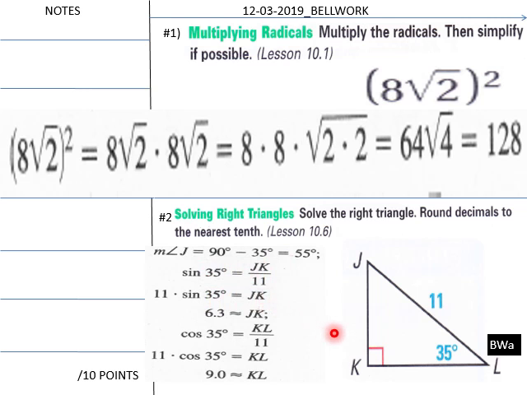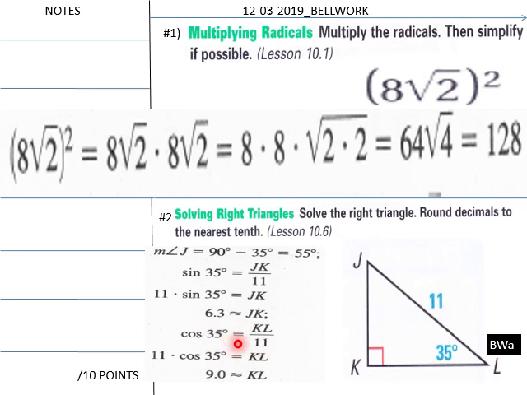And then sine 35, we're going to start with this angle here, sine 35, which is our opposite over our hypotenuse. So JK will equal 11 times sine 35, which is 6.3. So 6.3 would equal JK.